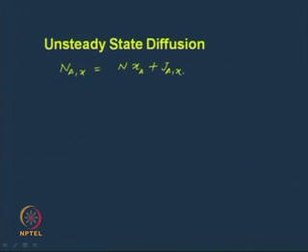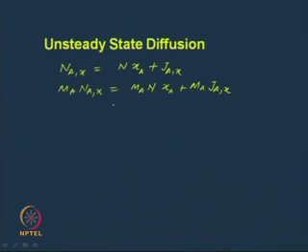So, if we multiply both sides by molecular weight, we can write MA NAx will be equal to MA N xA plus MA Jx.